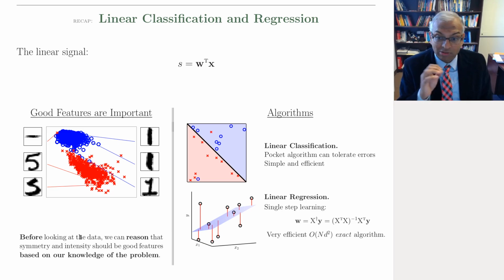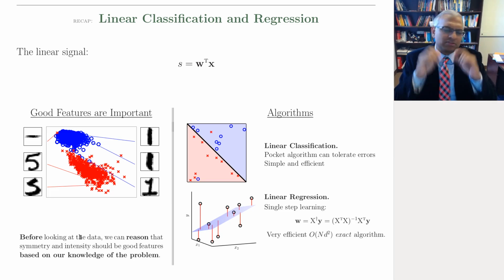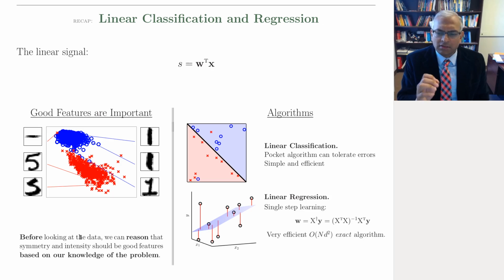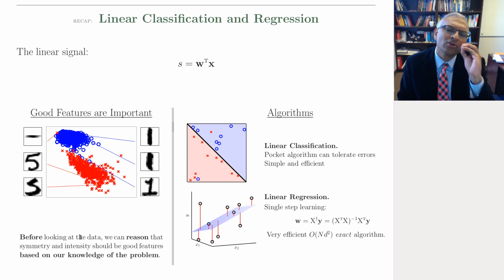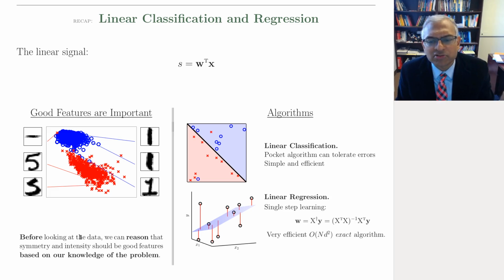Then we talked about linear regression, where the task is to predict credit level, a real number. The error that we use to measure how good your predictions are is the squared error. We derived the pseudo-inverse algorithm, this beautiful algorithm that, efficiently in one step, without using an iterative process like the pocket algorithm, finds you the weights that minimize the ensemble squared error.